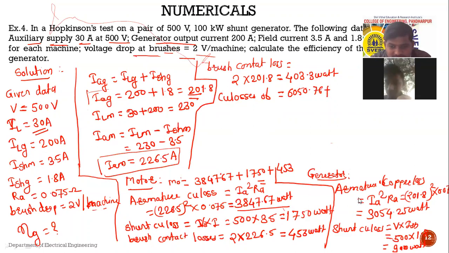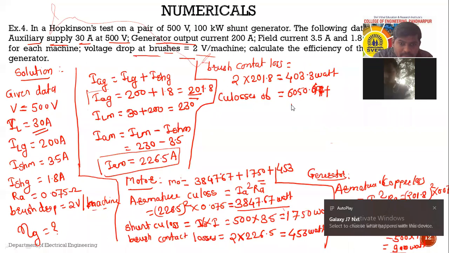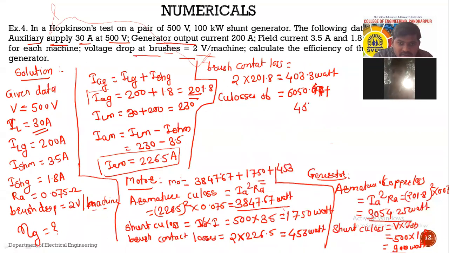6050.67 प्लस जनरेटर कॉपर लॉसेस. जनरेटरचे कॉपर लॉसेस बघा ऍडिशन करा. 3054.25 प्लस 900 प्लस 403.3, किती येते व्हॅल्यू? 4357.84.